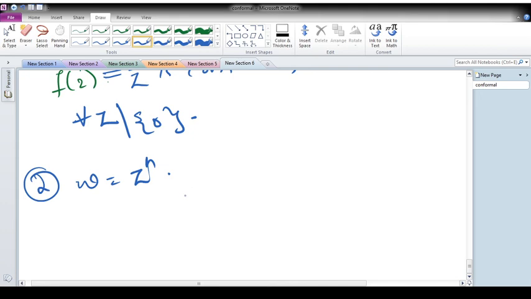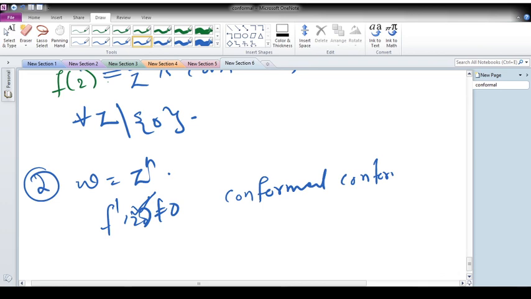So what are the z0's? We need to find them. In the theorem, we know that where f'(z0) is not equal to 0, those z0 are conformal points with respect to f.